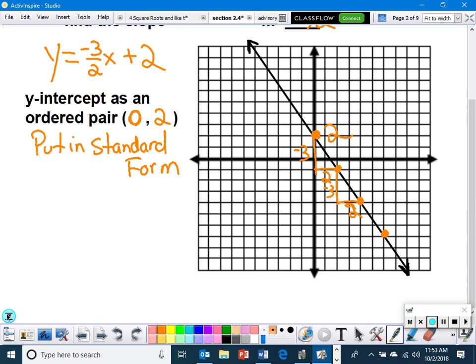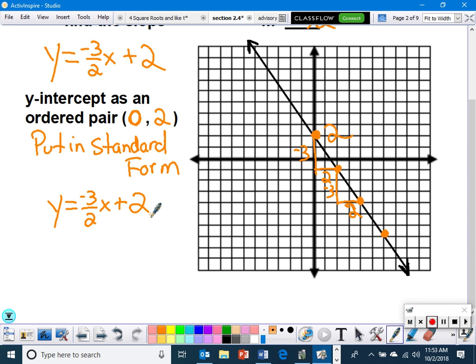Because you're going to be asked to do that several times on your worksheet and in your book work. So I'm going to rewrite the equation. Now, the first thing I'm going to do is get rid of the denominator. I do not want fractions.